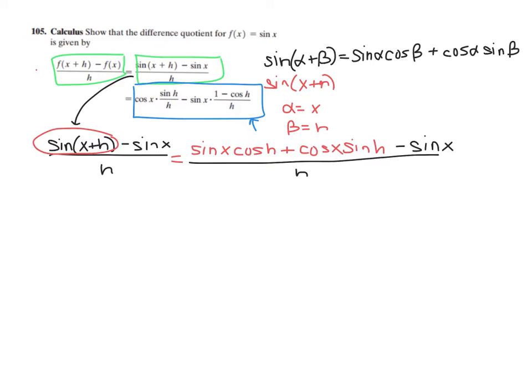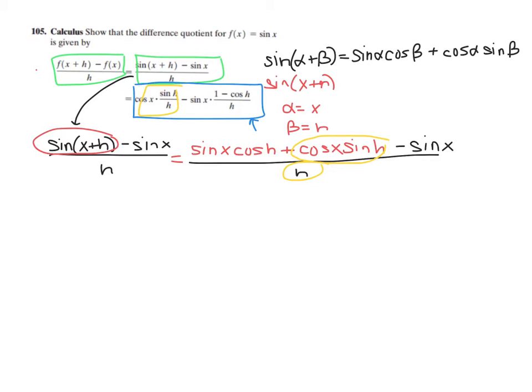It looks pretty intimidating, but the first thing I want you to notice is that the first term of this, cosine of x times sine of h over h, is really, really similar to the middle part of the end result, and that actually is over h. So we can use that.